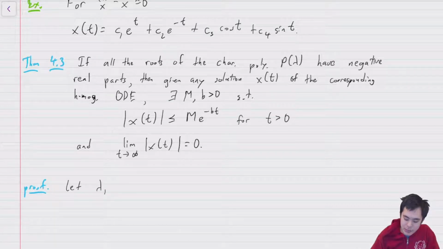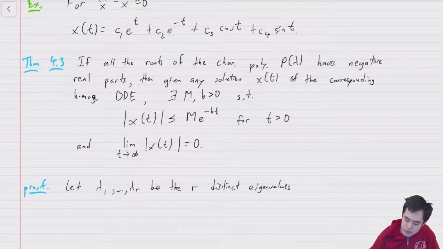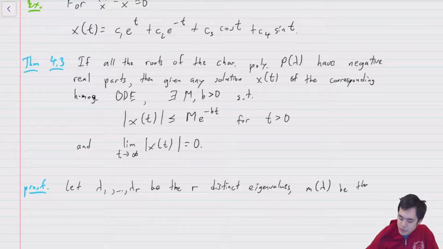Okay, so let's let lambda 1 through lambda r be the r distinct eigenvalues, and m of lambda be the multiplicity.